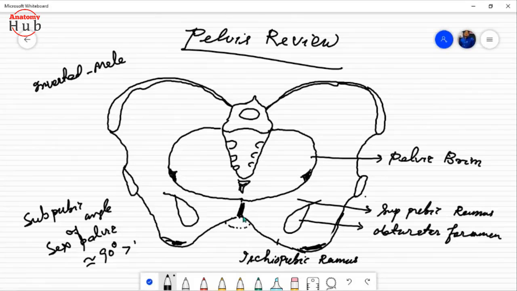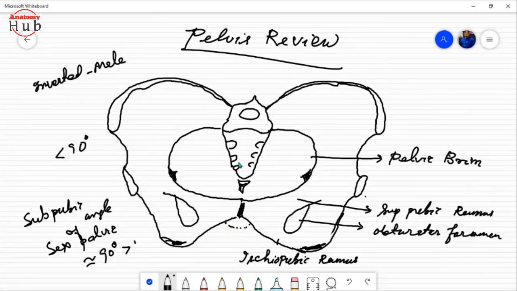That's why it is wider in female and narrower in male. If the angle is less than 90 degrees, then the pelvis may be male. So 90 degrees and above is female, and below 90 degrees is male, right? That is one of the sex determinations in the pelvis.